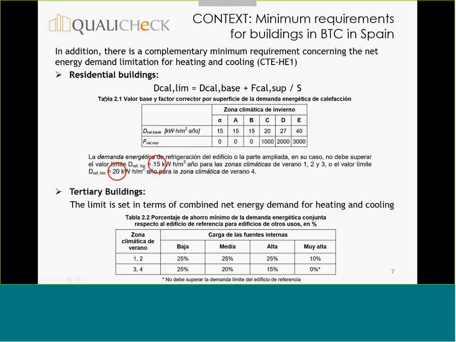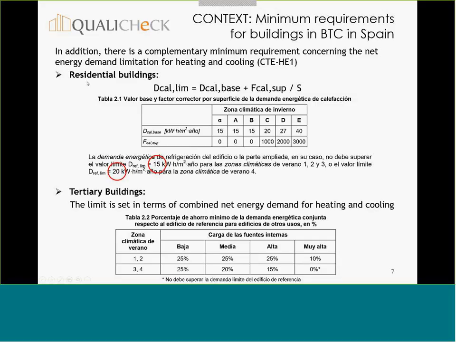Then, in addition to this limit fixed by the document HE0, there is another document, the HE1, which is a requirement concerning the net energy demand for heating and cooling.